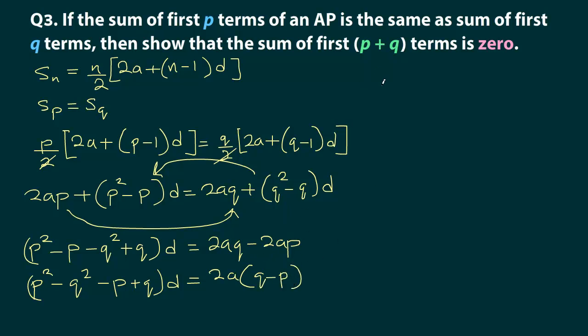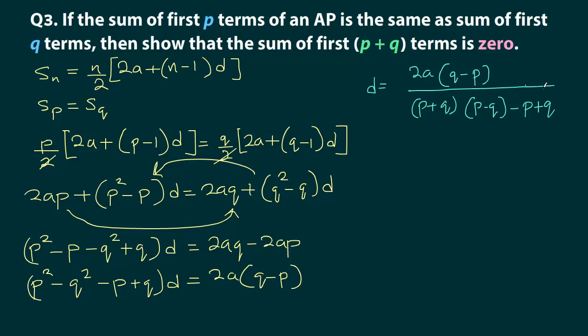So now we can say d is equal to 2a times q minus p, divided by p square minus q square, which we can write as p plus q times p minus q, and then we have over here minus p plus q.